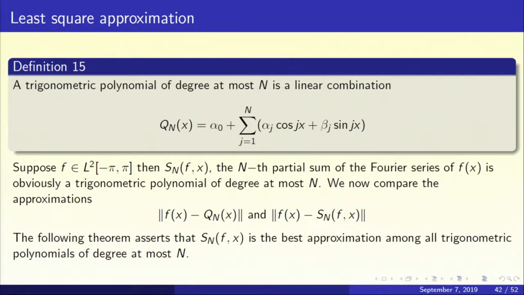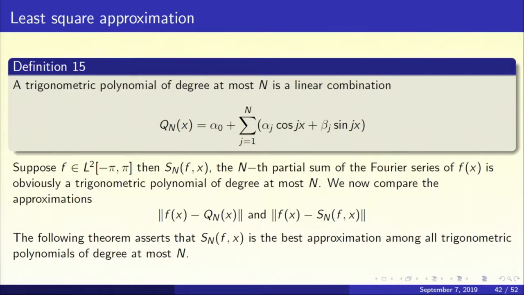Alpha naught plus summation j from 1 to n, alpha j cos jx plus beta j sin jx. That expression has been denoted by Qn(x). Qn(x) is called a trigonometric polynomial of degree at most n. So that's a definition of a trigonometric polynomial.